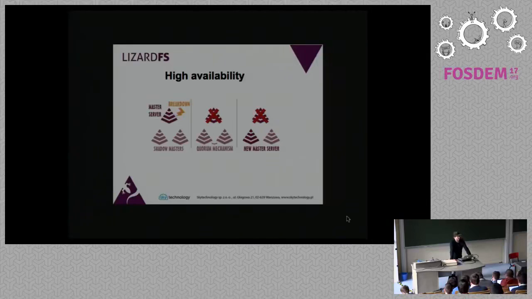There were a lot of split brain scenarios, and in general the switchover was too slow. With our new HA for the master servers, we have, in my experience, under 1 second switchover time.